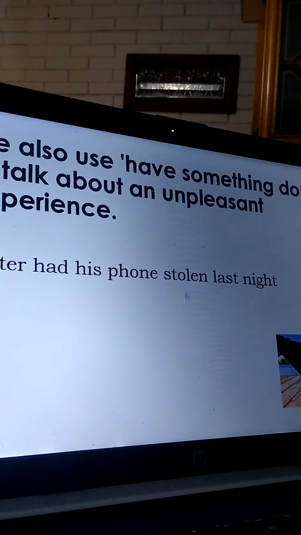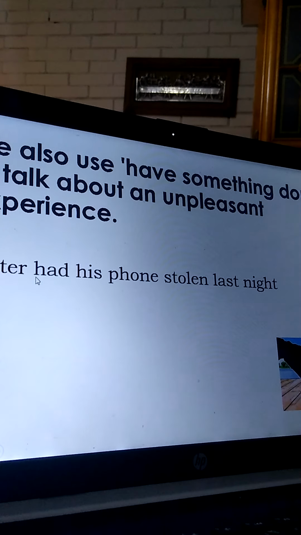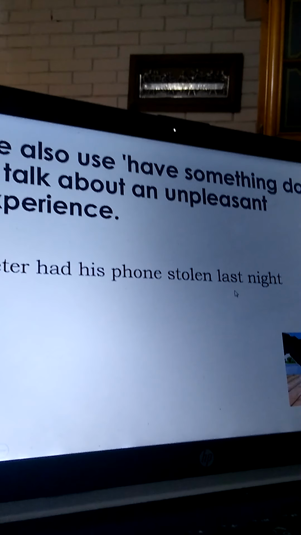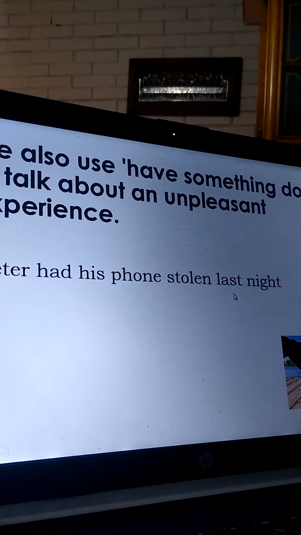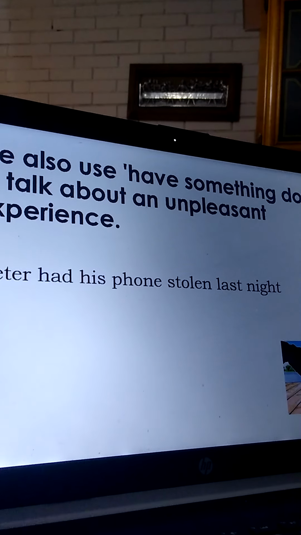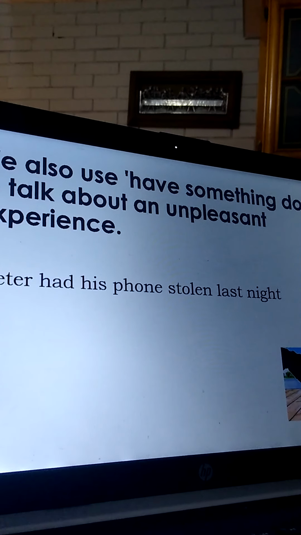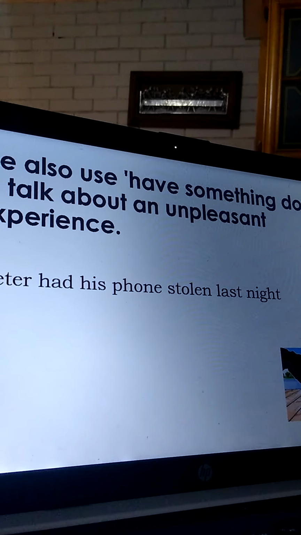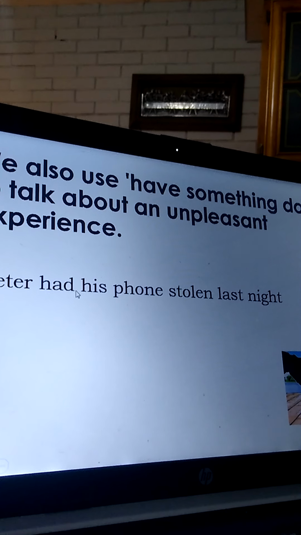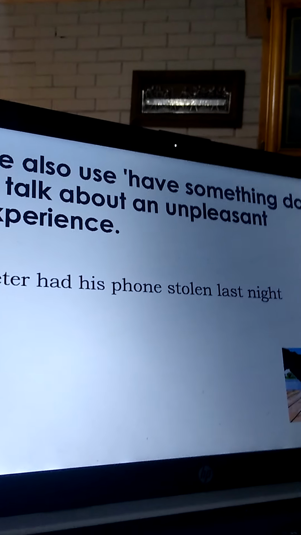We have the participle and we have the past of had, because we are talking about the past, last night. So it's kind of similar to past perfect, but it's not past perfect. It's passive and it's causative.